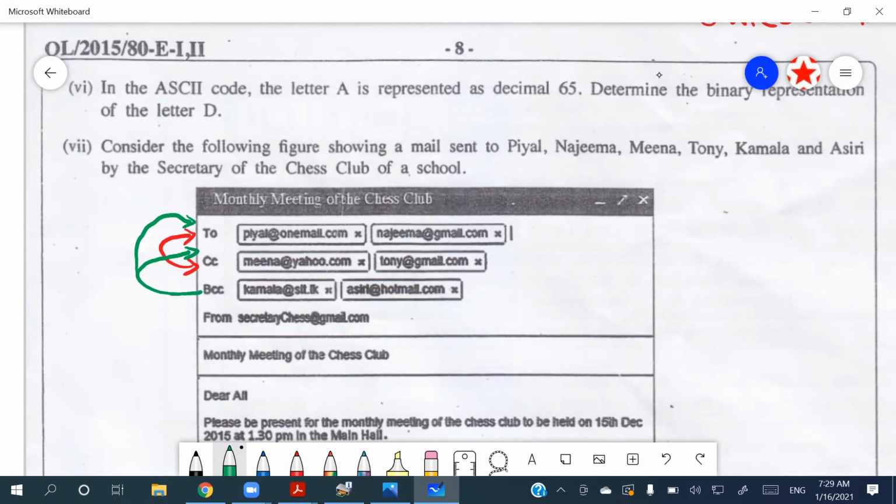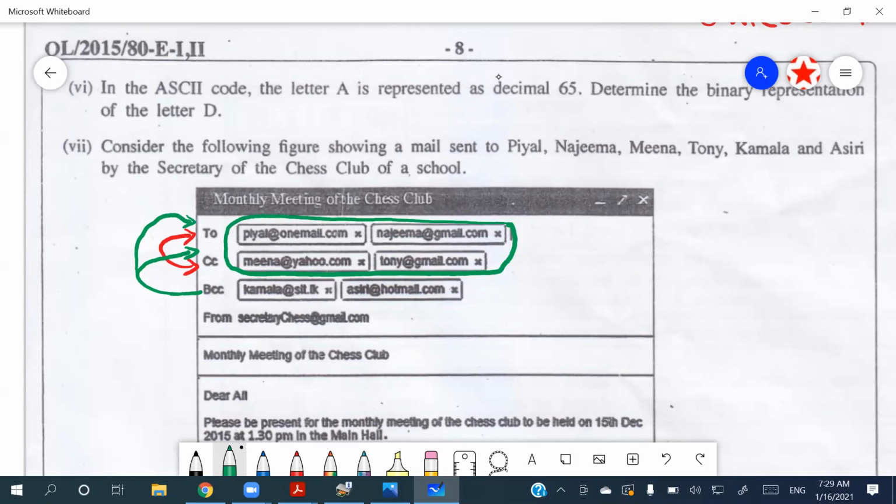Kamala can't see the other BCC, and the other BCC can't see Kamala, right? They are separated as well. So Kamala receives the mail and Kamala can see these 4 people, but Kamala won't see that this mail has been sent to Asiri, and Asiri won't see that this mail has been sent to Kamala. Right? So that is the basic.